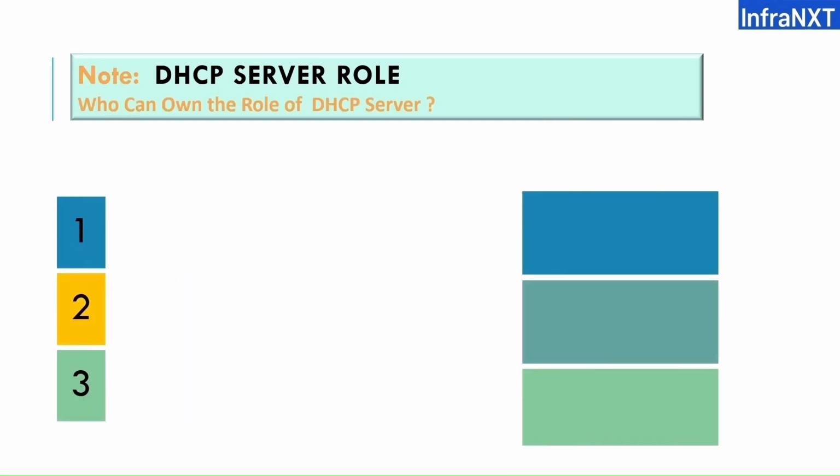DHCP server role. Who can own the role of DHCP server? I have brought this topic considering there is an assumption in many minds that the role of the DHCP server can always be taken care of by servers, that can be Windows or Linux or some other server. But is that the fact? So we are going to cover what other devices in the network can take the role of DHCP server to release the IP address to the end users.